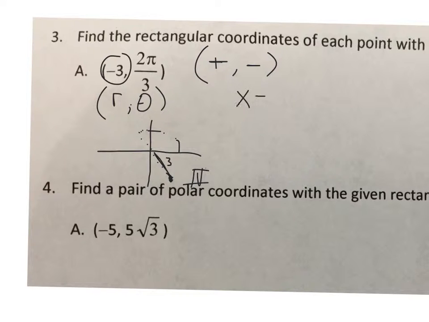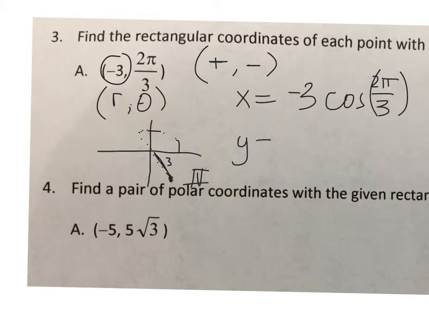So the x coordinate is always the radius times the cosine of the angle, so negative 3 cosine of 2 pi over 3, and the y is the radius times the sine of that angle, 2 pi over 3.